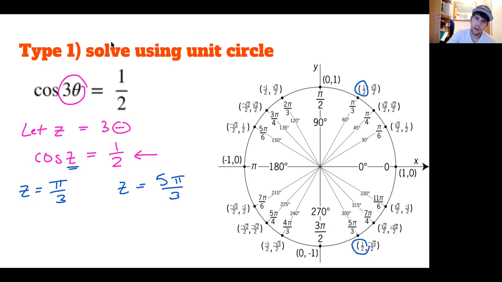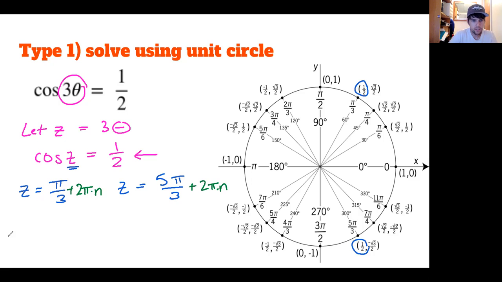We know that there are an infinite number of solutions that are coterminal with this, right? So if we add any multiple of 2 pi, we'll call it 2 pi times n, where n would have to be an integer, a positive or negative whole number, these angles should be coterminal with those.